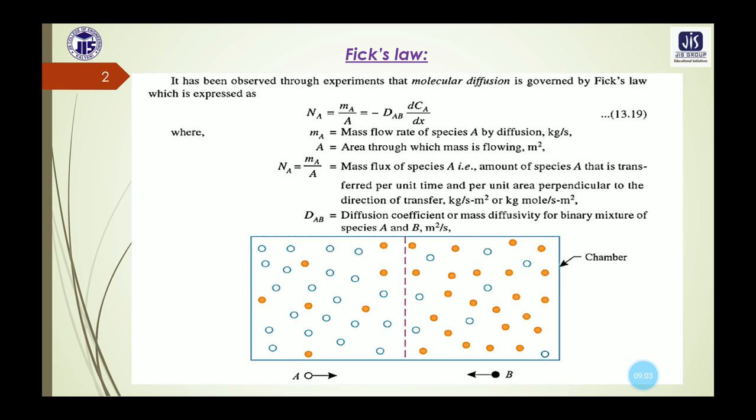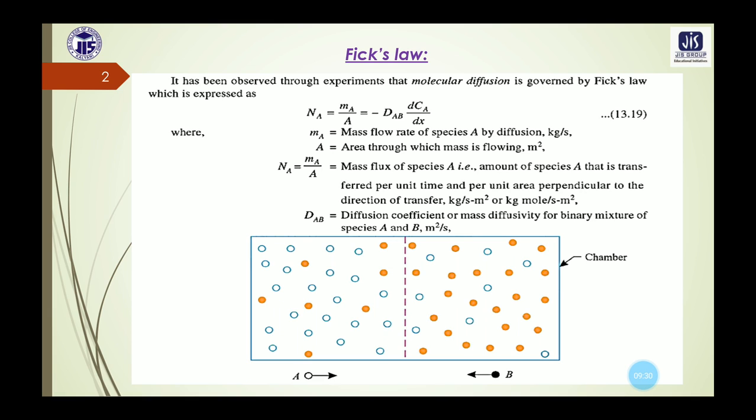So what happens when we withdraw this partition wall? There is a driving potential, and it tends to equalize the concentration difference between these two compartments, the left compartment and the right compartment.